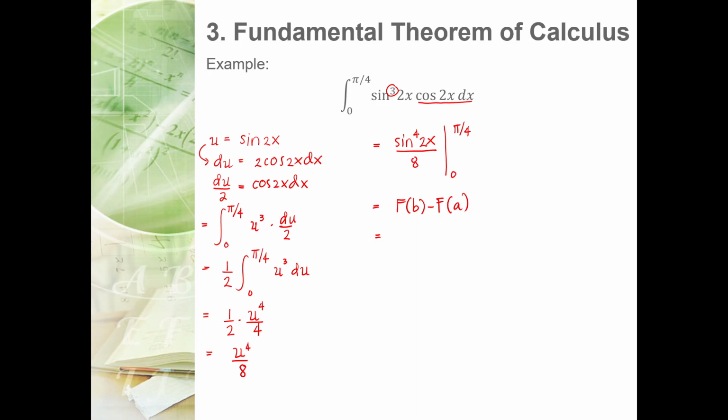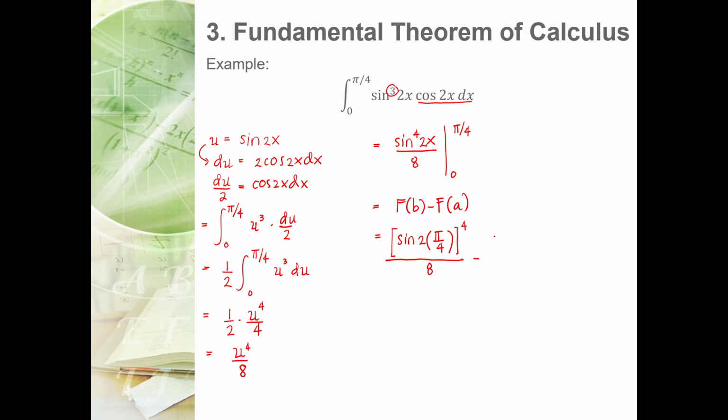For us to easily see the exponent, we can try to write it in this manner. So sine of 2 times pi over 4, then to the power of 4, all over 8.